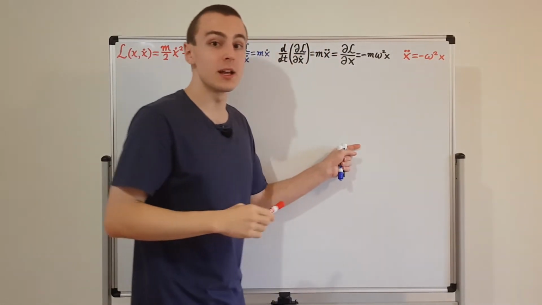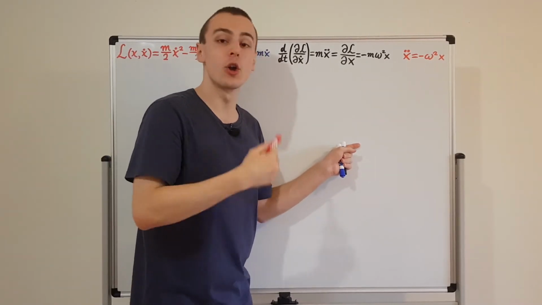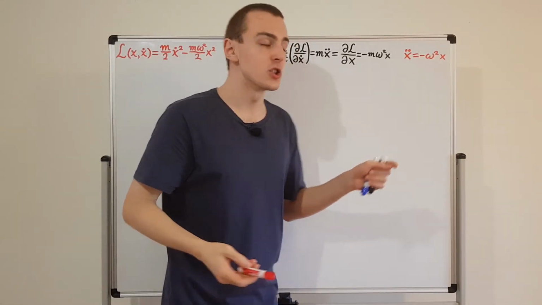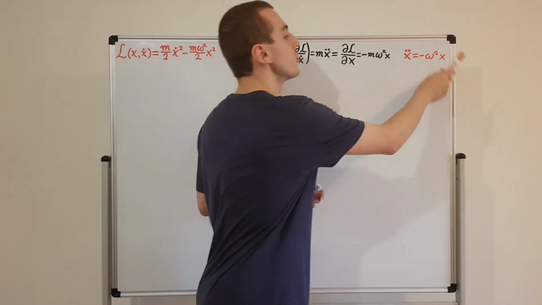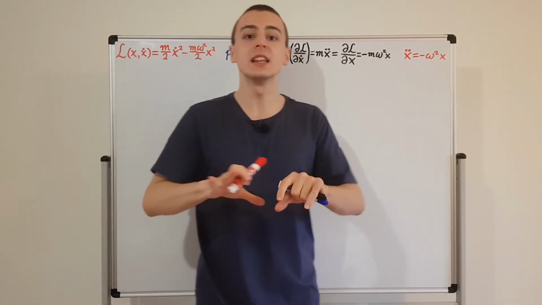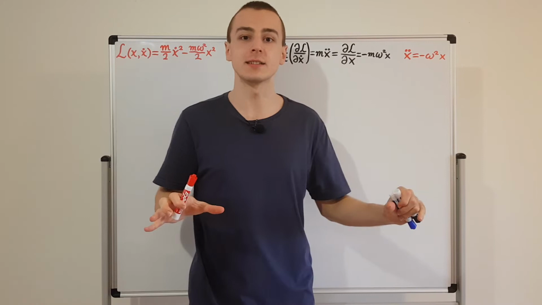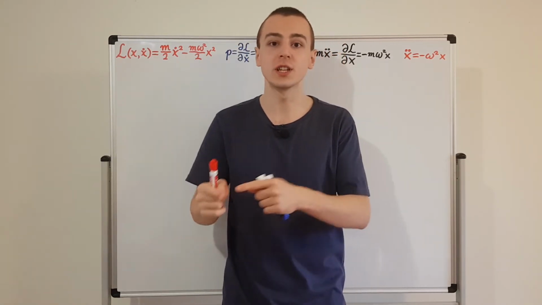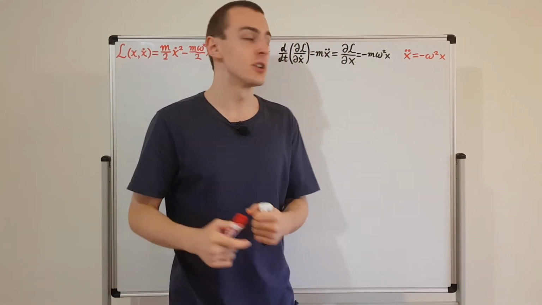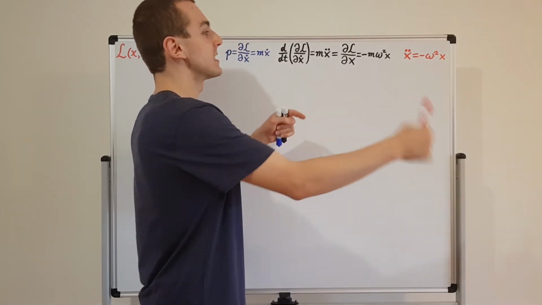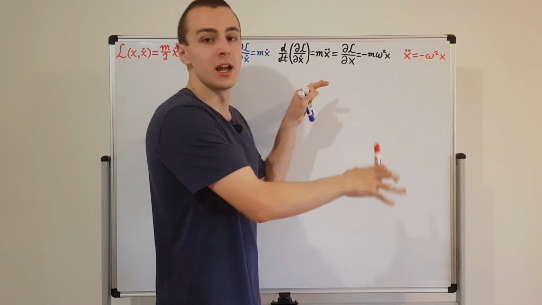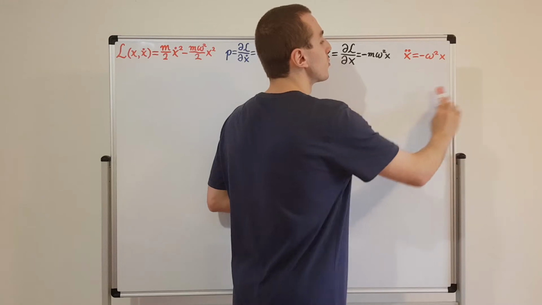And can you think of some elementary functions that satisfy that? Cosines and sines. So cosines and sines would be a solution of this. And the general solution would be a linear combination of cosines and sines. And the arguments of the cosines and sines would be omega t. So omega t inside of the cosines and sines, if you add those up together with some coefficients, that's going to give you the general solution.